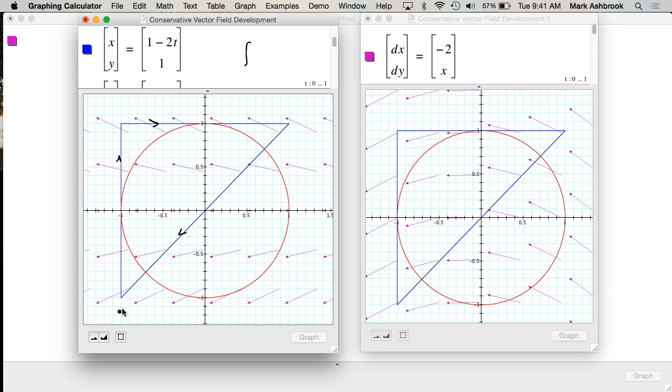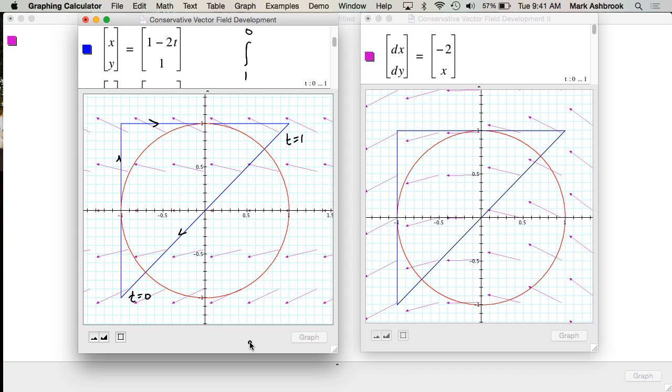No, 1 to 0, right? Because for this segment down here, this was t equals 0, the way we defined it, and this was t equals 1. So if we want to traverse the path this way, our lower bound will be 1, and our upper bound will be 0. That will take us from here to here. Does that make sense?